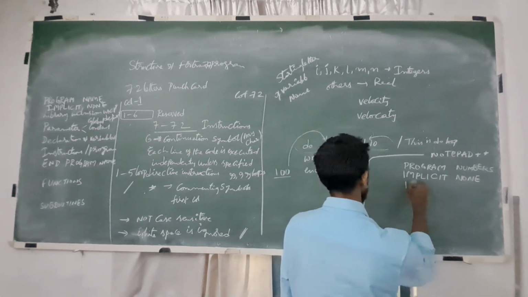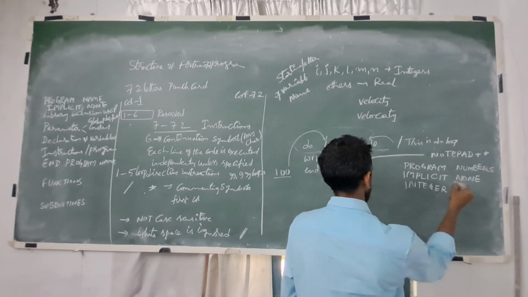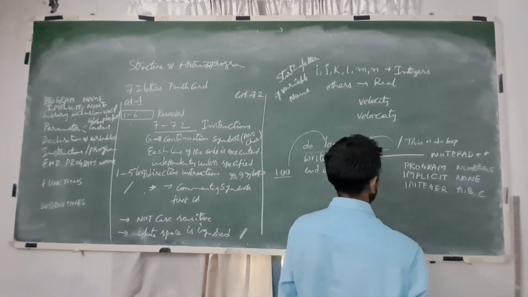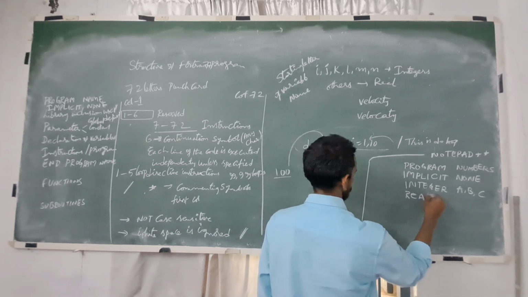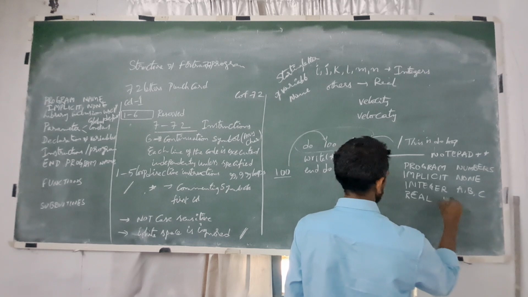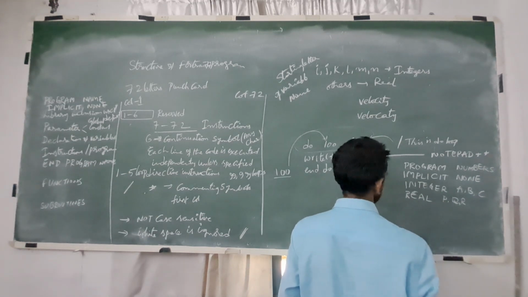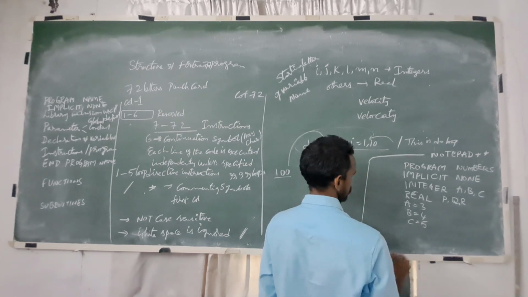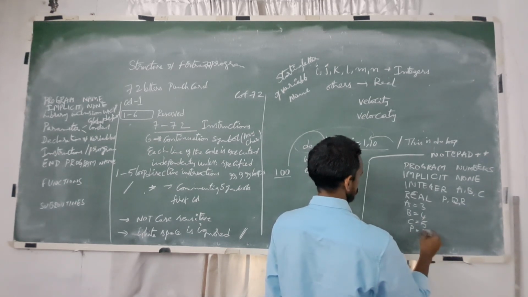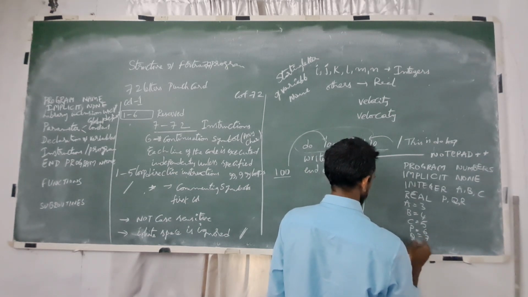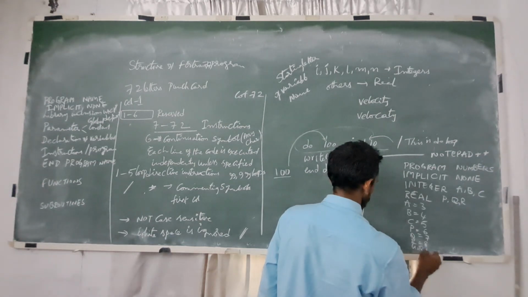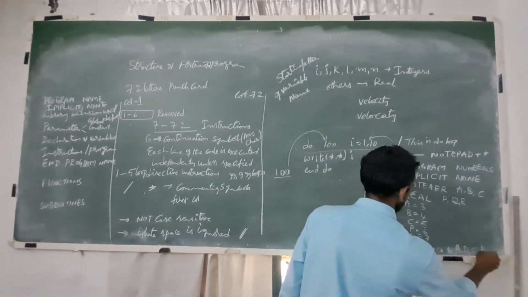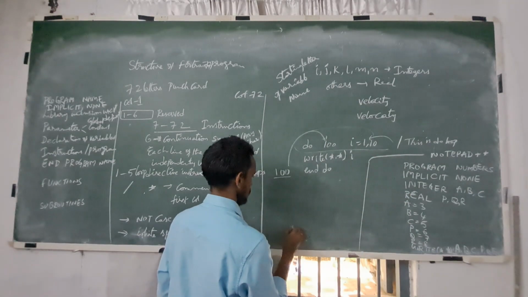Then I am defining these variables. Write star comma star, ABC, PQR. The next one is end program.